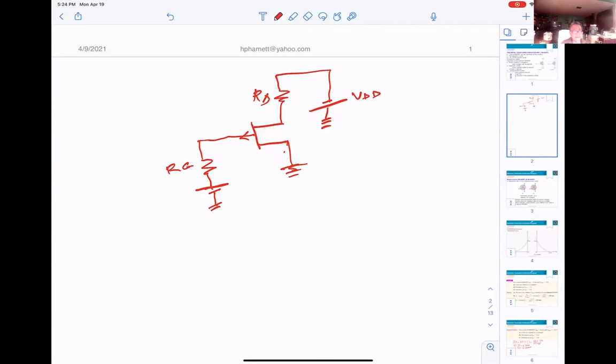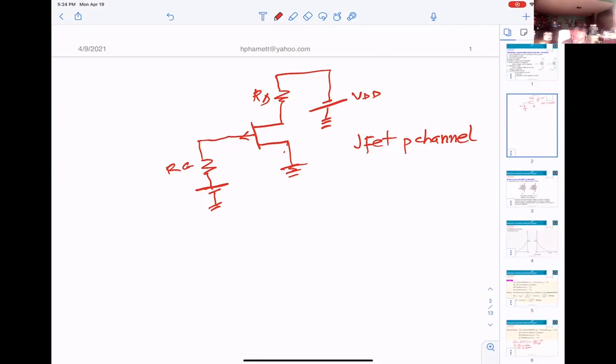Okay, so now this display shows you the JFET P channel. Try to see what the difference between the N channel and the P channel.